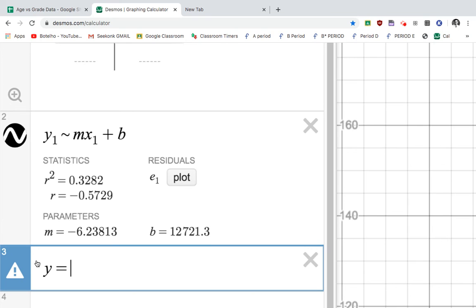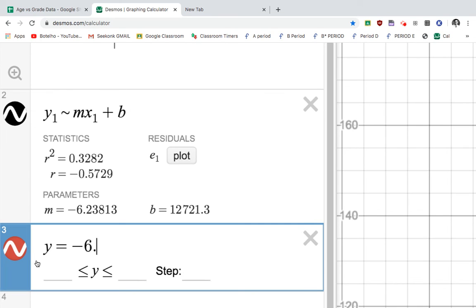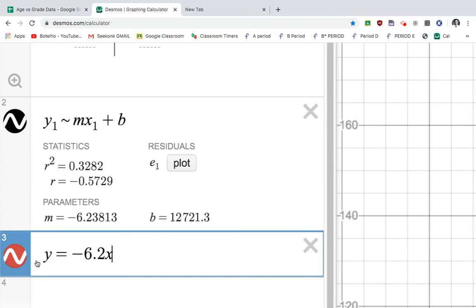So I'm going to round it to a nice, easy number to work with, negative 6.2. Okay, plus x, and then plus, I'm just going to round this to an even number here, 12,721.